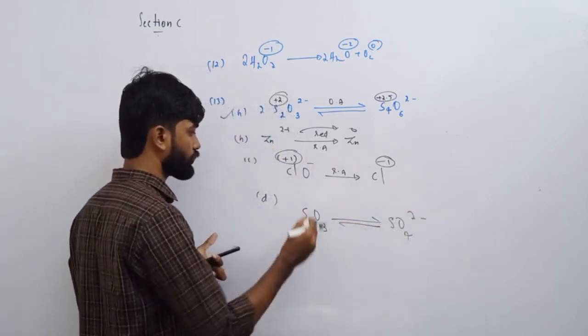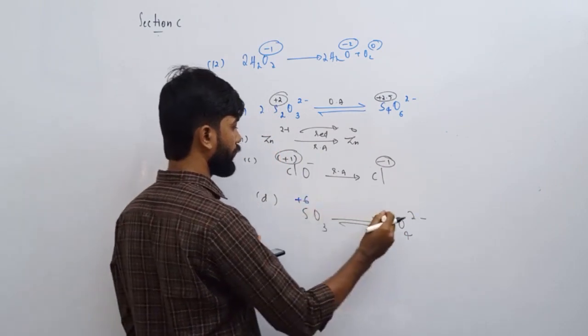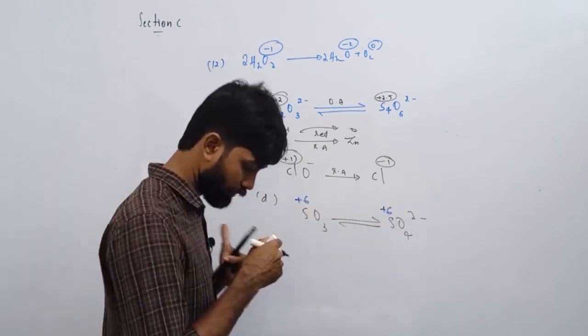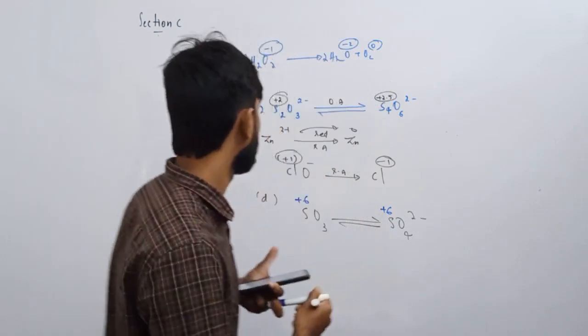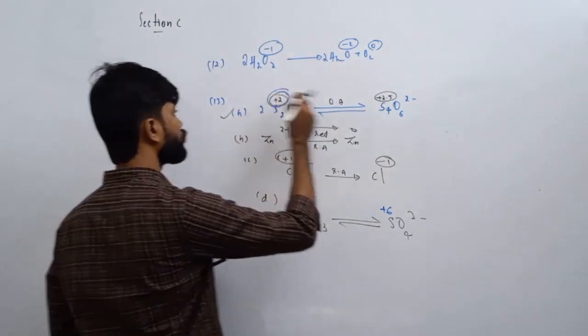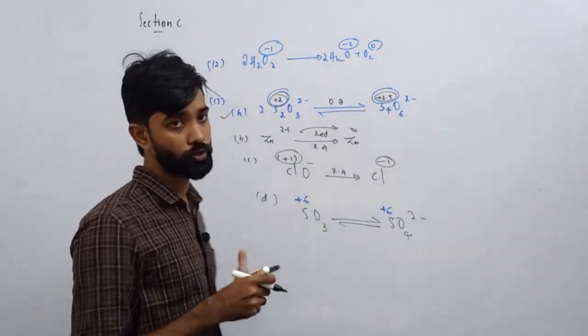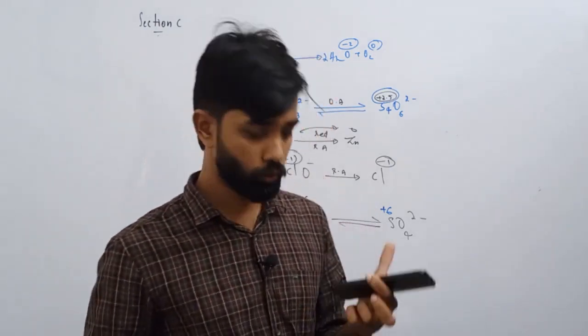This is not actually an oxidation or reduction, because both have +4 oxidation state. So the first one, thiosulfate to tetrathionate, from +2 to +2.5, is an oxidation process which requires an oxidizing agent. So we can choose the choice as 1.